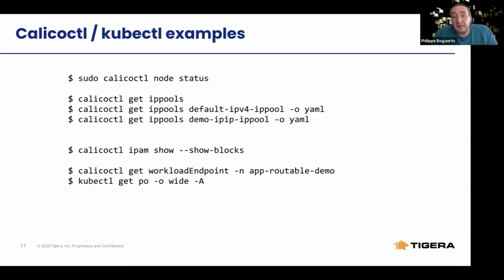The next command, like calicoctl ipam show blocks, will tell you how many of the IP addresses are used inside of Kubernetes, are used on a specific node, and will also tell you which block of IP addresses is automatically assigned to which node.